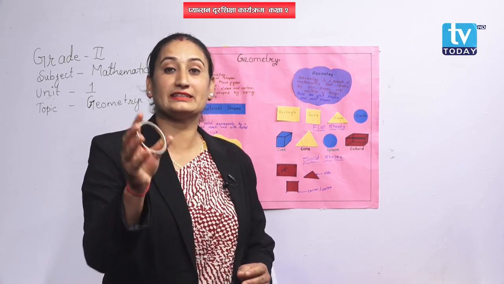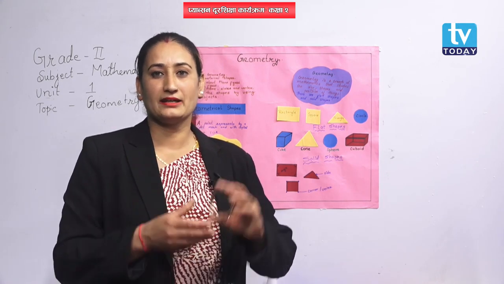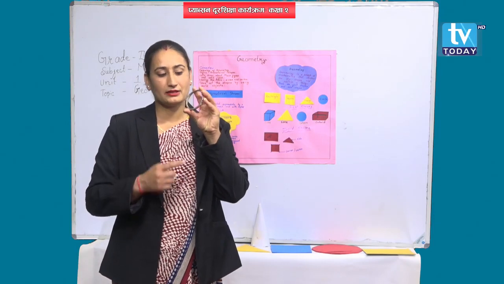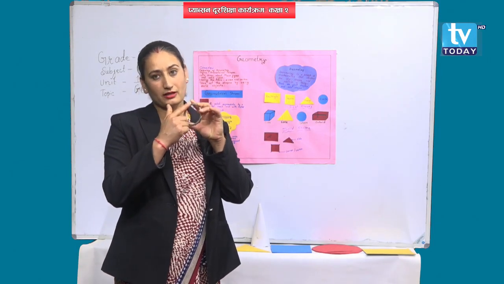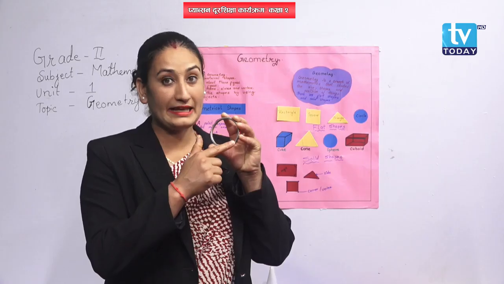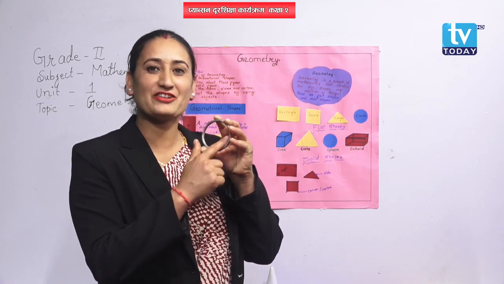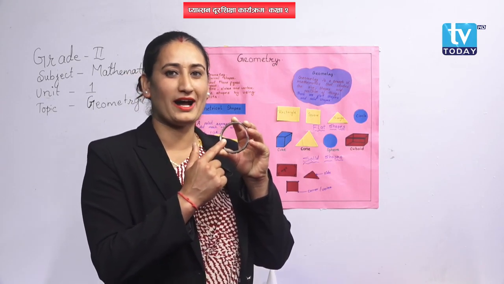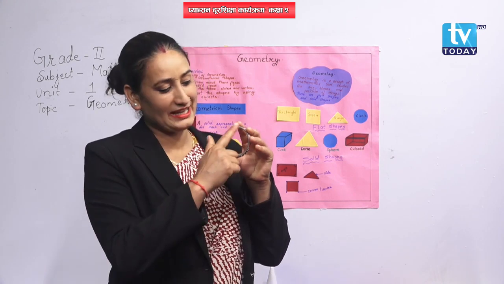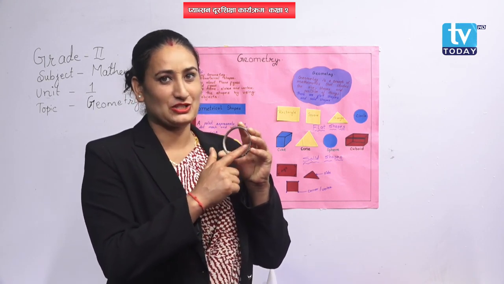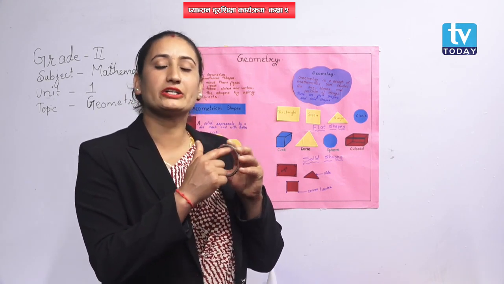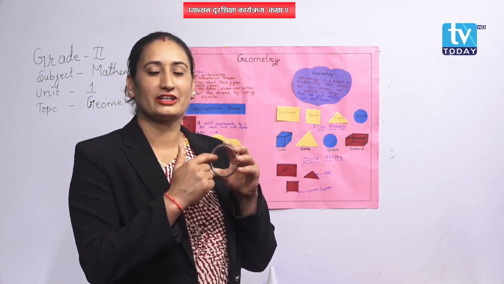Please check it. Take it in your hands. See the shape of the bangle. Is it round? Yes. It's round in shape, right? Wow, good. So we call it a circle. Good job.